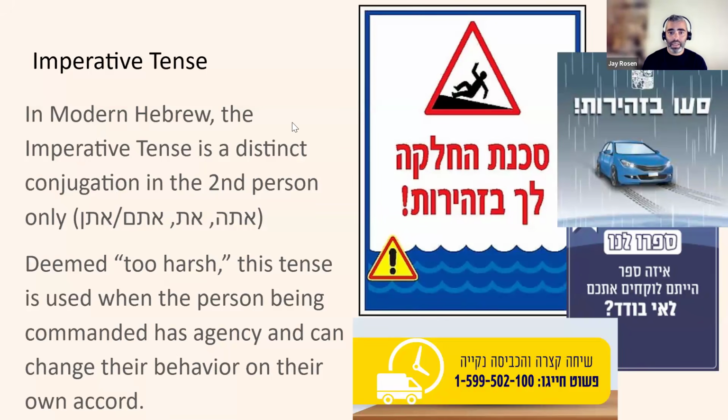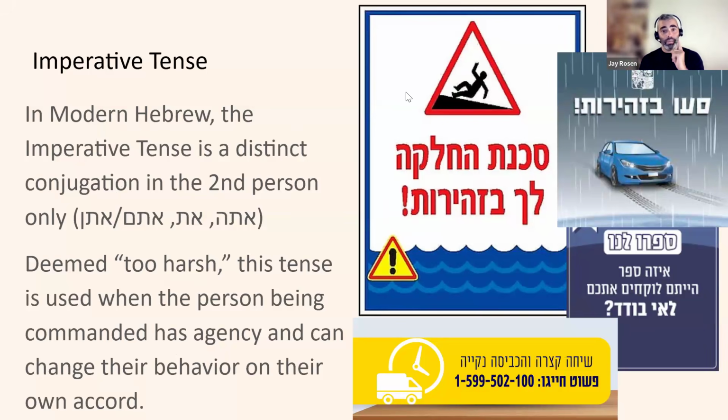The imperative tense in Hebrew, as it says here, is a distinct conjugation, meaning it has its own conjugation tables. Like past tense, present tense, and future tense, there is the imperative tense. It is its own conjugation. And it only exists in the second person, because think of what a command is. It's telling someone directly to do something or not do something.